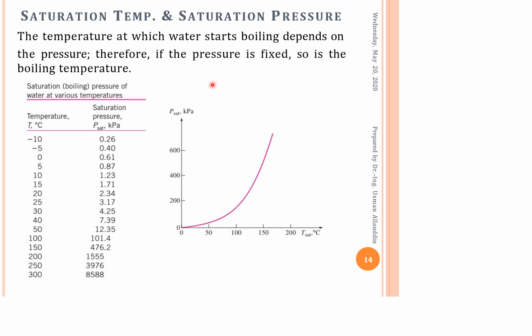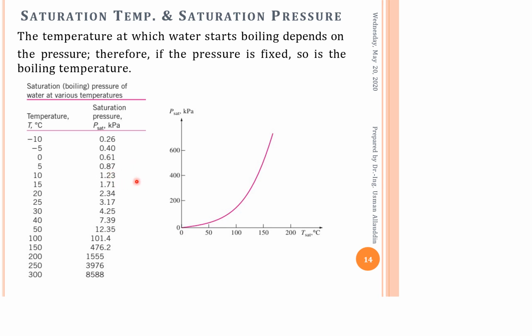So in tables we have a pressure table and a temperature table. If you are given temperature, then we will look at the temperature table. Here we have given temperatures, for example you are given 20 degrees Celsius, then our saturated pressure will be 2.34 kilopascal.